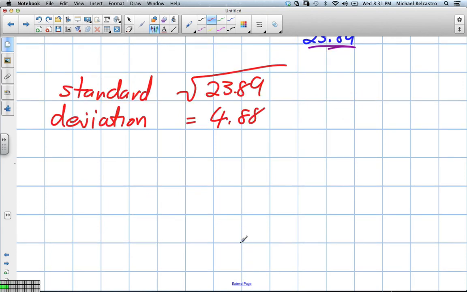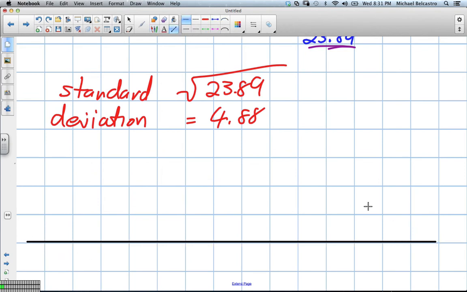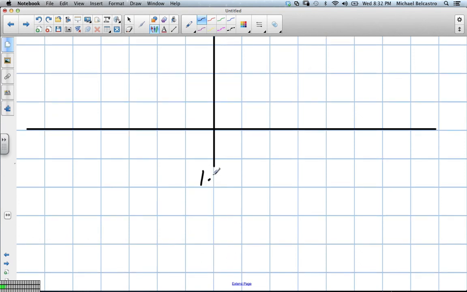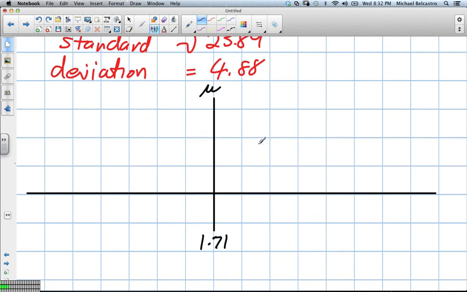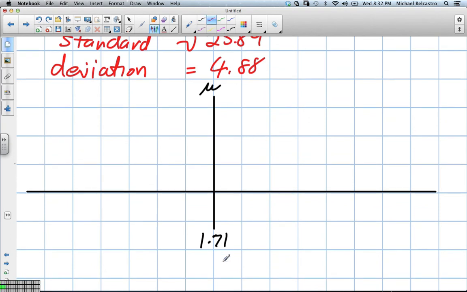Well, let's try to make sense of this in terms of our normal bell curves. Our mean, and they usually represent it in these cases, I think, with that little u, okay? But our mean in this case is 1.71, right? One standard deviation is 4.88 to the right, or negative 4.88 to the left, in other words.